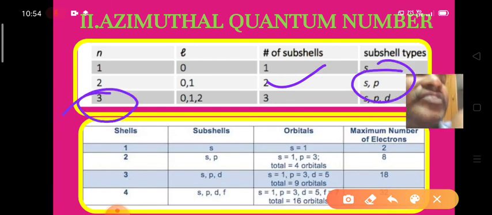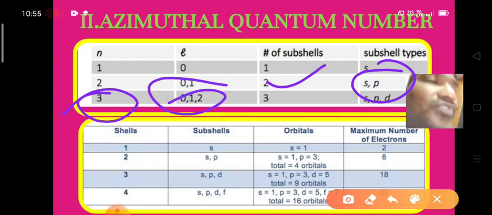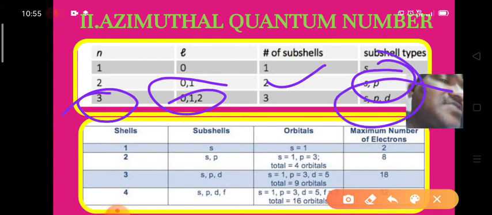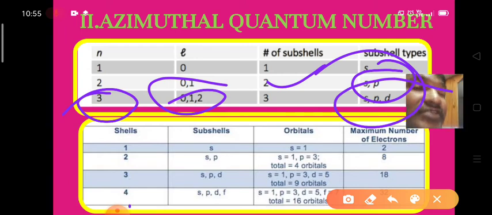And if n is equal to 3, that means the third main energy level, 3 subshells are there, 0, 1, 2.